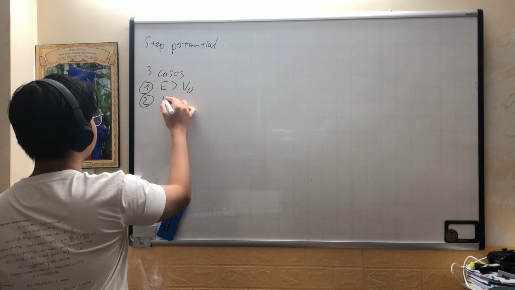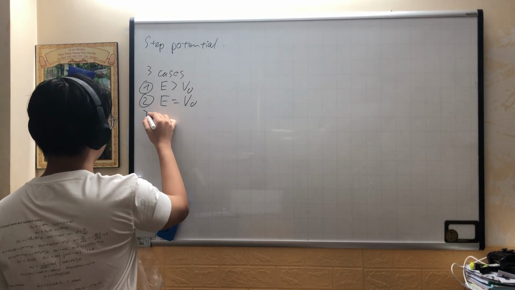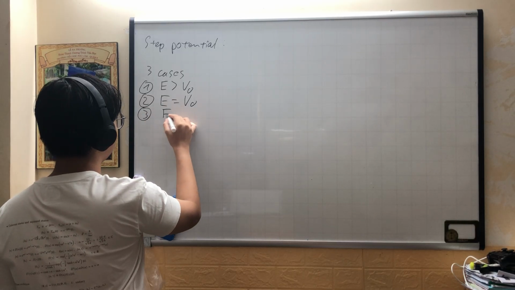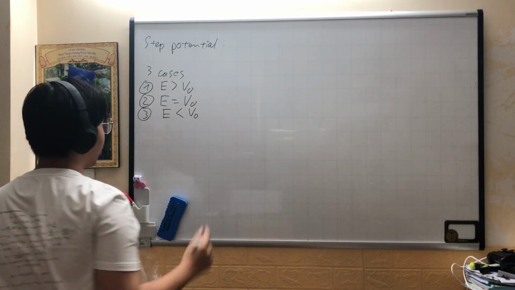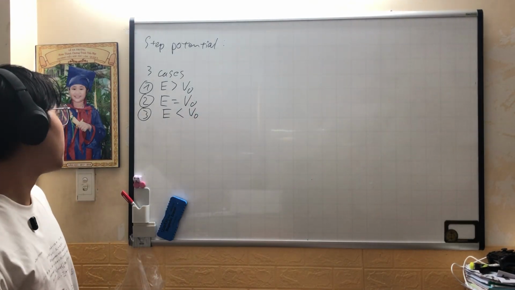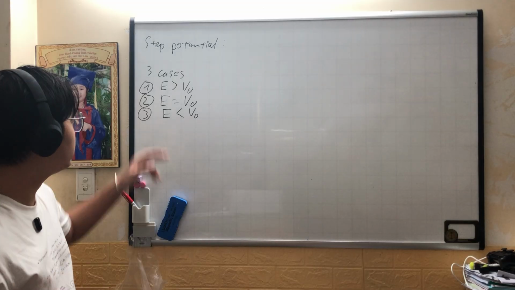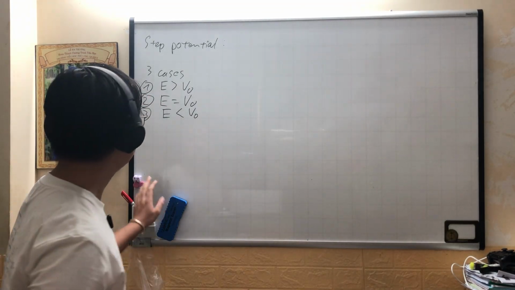The second one is our E would be equal to our V naught. And the third one is when our E is less than V naught. Today we're just gonna be talking about the scattering state, which is the first one, when E is greater than your V.